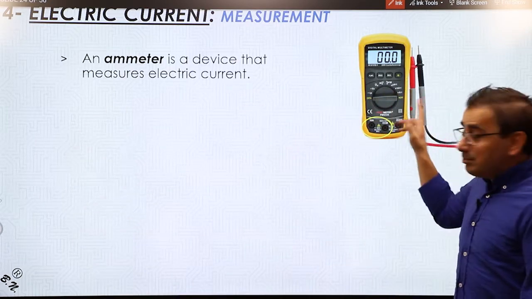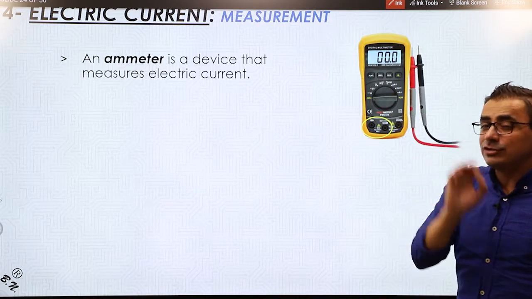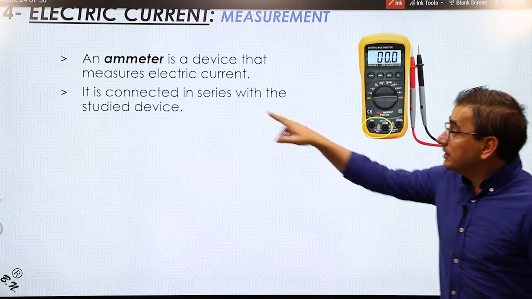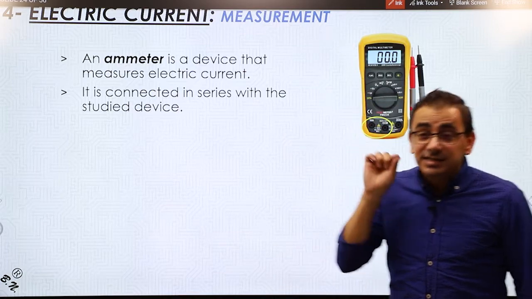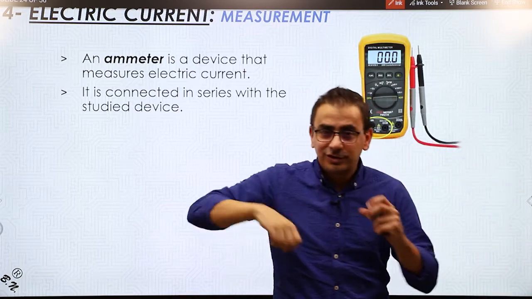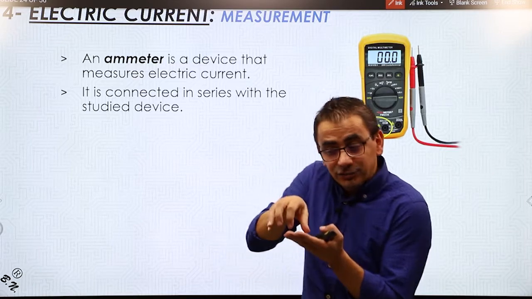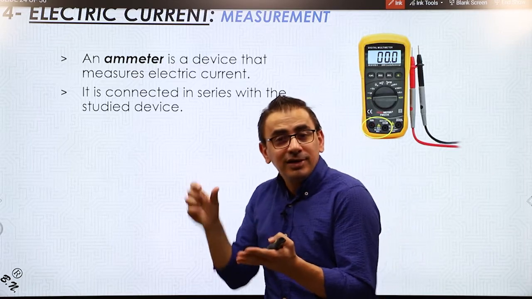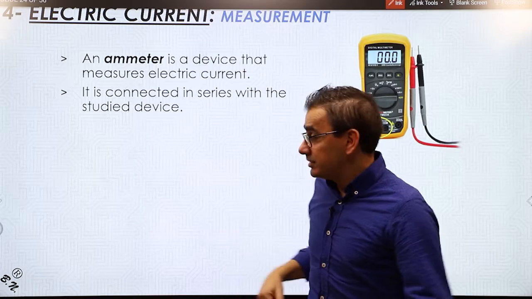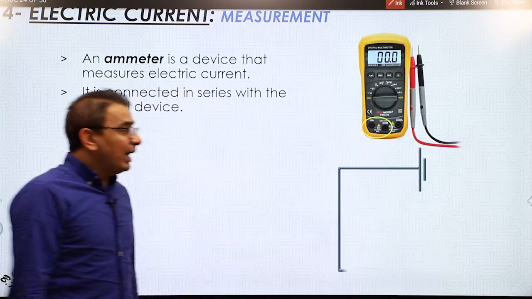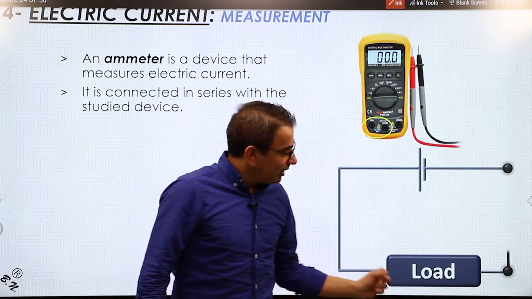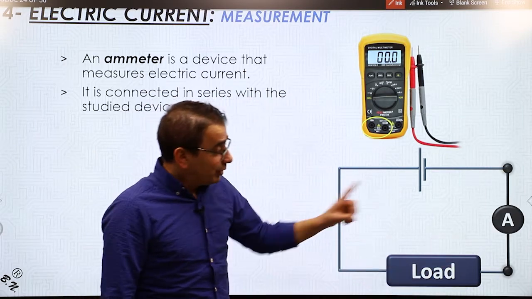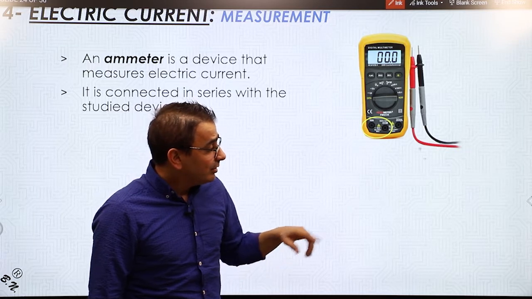So the ammeter should be connected in a certain way in the circuit. It is always connected in series with the studied device. In series. So if you have a full circuit combined together, you have to cut or remove a wire and add the ammeter across it. You will see it here. I have this electric circuit over here, a generator, connecting wires and a load. Notice when we connected the ammeter, what happened?